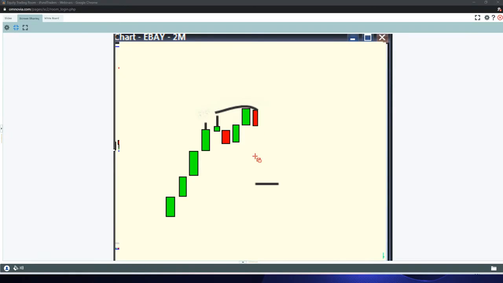So the break of this bar's high is on the way down. Is that a break of this pivot?